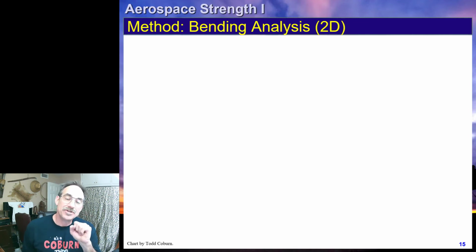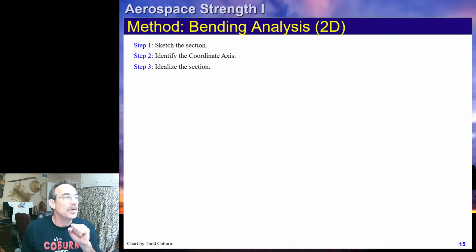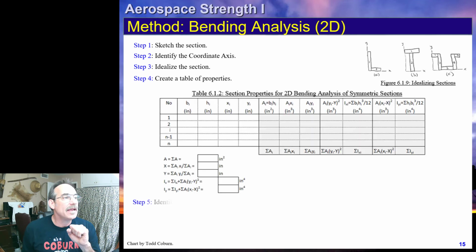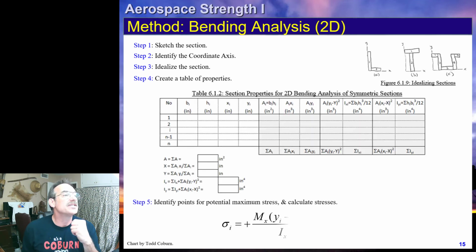Now, if we have two-dimensional bending, then we will calculate a table for both properties. We do everything the same way, only this time you'll notice we have our B and our H, and now we're going to call out both the X bar and the Y bar.